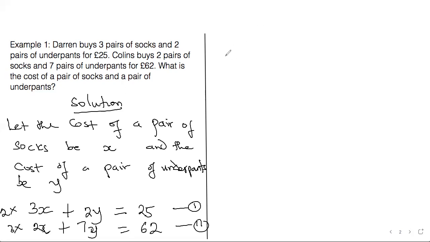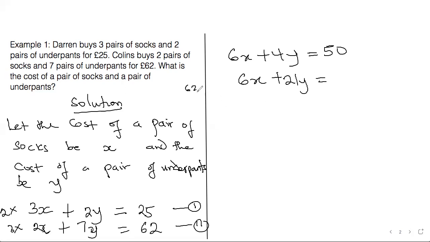If I do that, I will get 6X plus 4Y equals 50. And for the second one, I will get 6X plus 21Y equals 62 times 3, which is 186. Since I have the same sign, I have to use the negative sign and subtract, and that will give you 0.